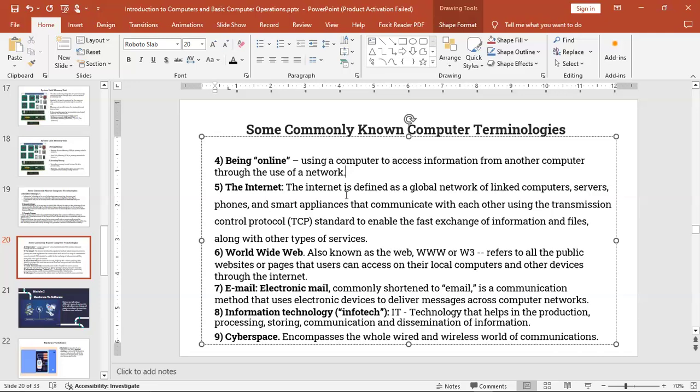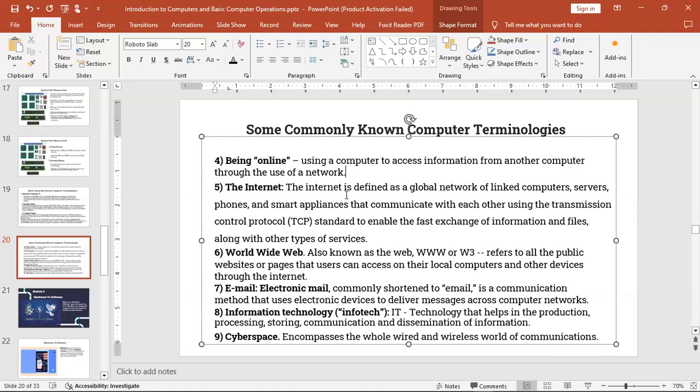So in a nutshell, what is the internet? It's a global network that is made up of computers, servers, your phone, your watch, appliances that we use to communicate with one another. We transmit information, we transmit files, we talk with one another. So it's a global network of all these electronic devices. That's what we call the internet.